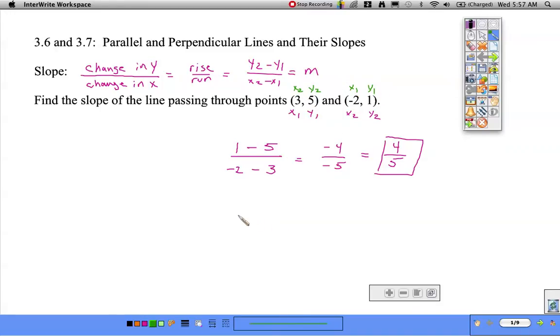So if I had done this backwards and I'd said y2 is 5 minus 1 over the x2 of 3 minus the x1 of -2, that would have given me a positive 4 over a positive 5, and I get the same thing. The only difference is you might have to deal with this double negative and simplify. But it doesn't matter which one you call x2 and which one you call x1.